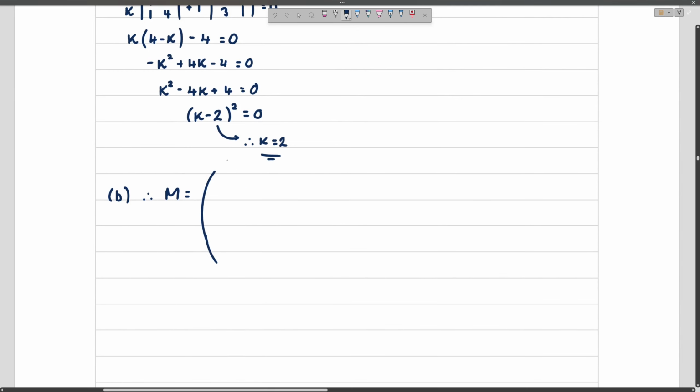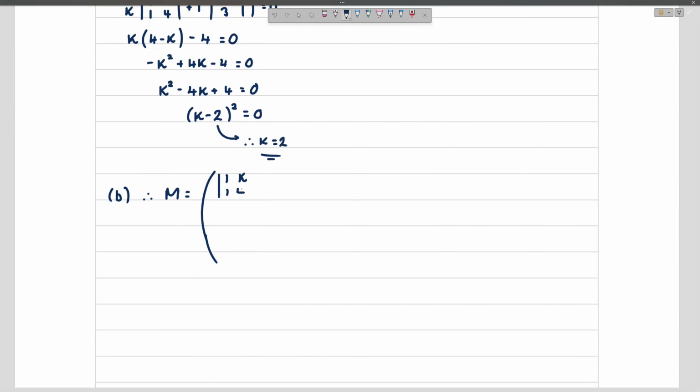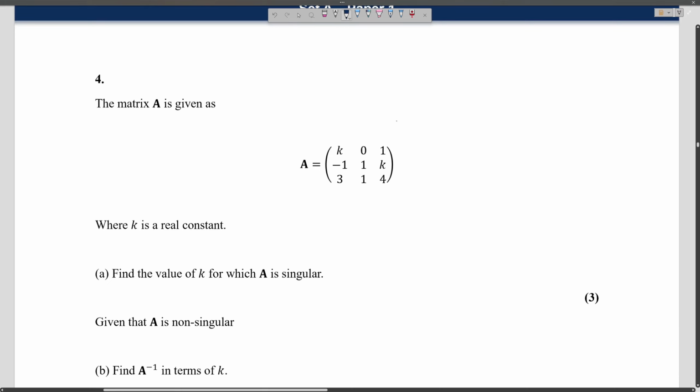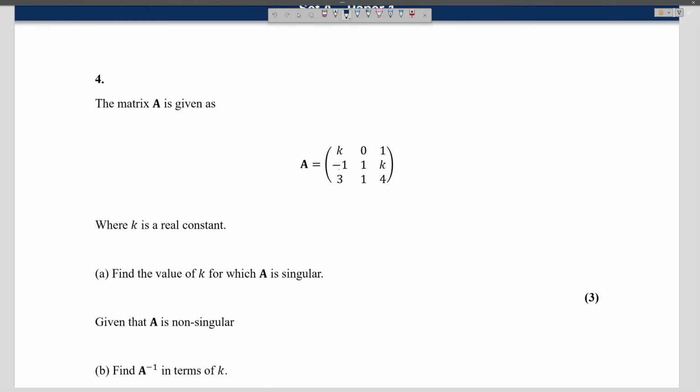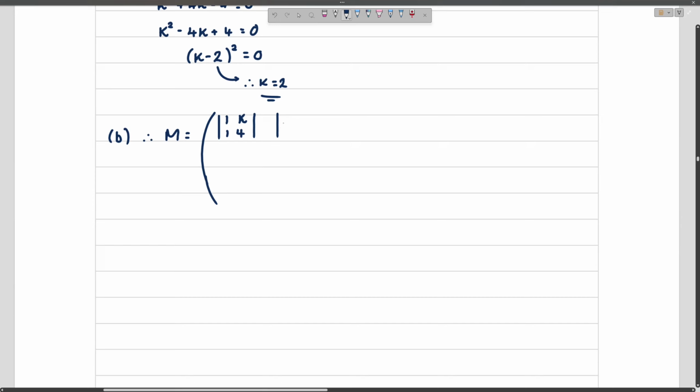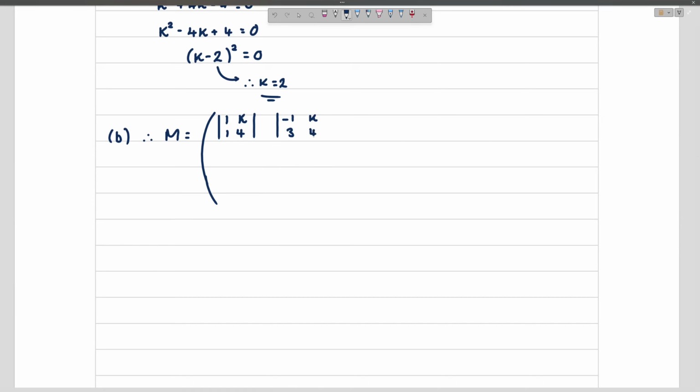So my first 2 by 2 determinant here, as we just said then, is 1, k, 1, and 4. Okay, for the next one along here, again, go back to the original matrix, we cross off this row and this column. And we get left with minus 1, k, 3, and 4. So minus 1, k, 3, and 4.